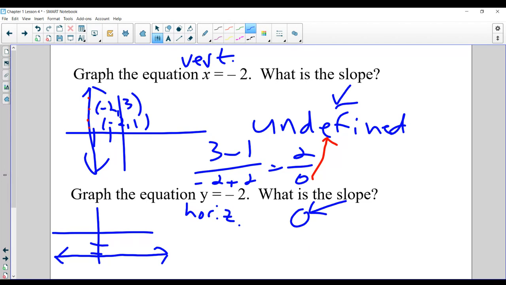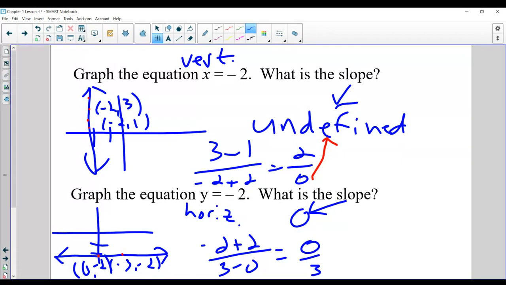Again, the reason is, if I pick 2 points along here, let's say (0, -2) and (-3, -2), I would have -2 minus -2 over 3 minus 0. I would get 0 over 3. You can have 0 in the numerator, but not in the denominator. That's why this one is 0 and this one is undefined. That is a big deal. Make sure you have that one down. Ask me questions on that if it's not clear.